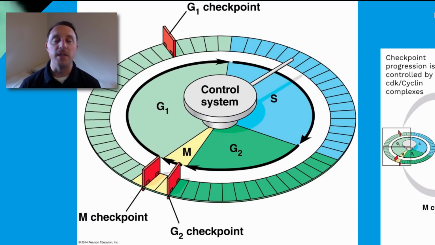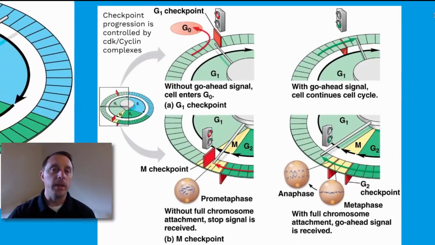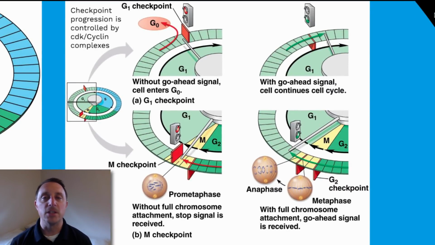If the cell does not meet the requirements of the checkpoint, then the cell cycle will stop, and the cell can either fix the problem, or if it's a major problem, the cell can actually eliminate itself through apoptosis. So the mechanism for these checkpoints is cyclin CDK complexes.